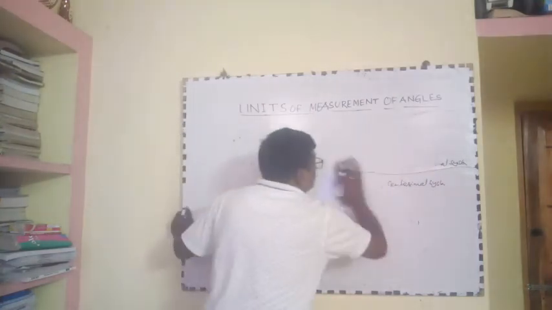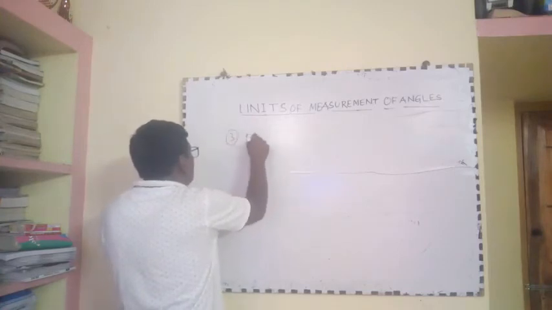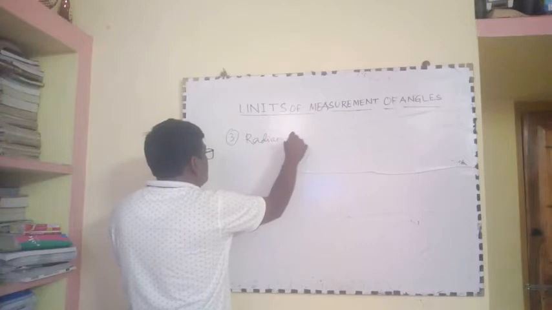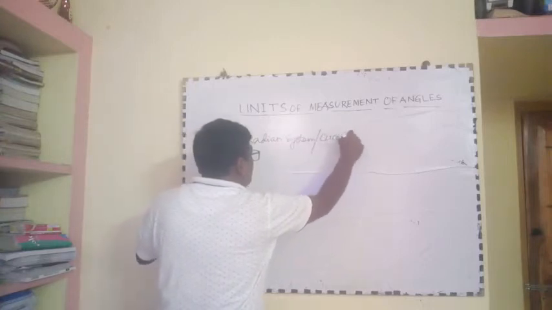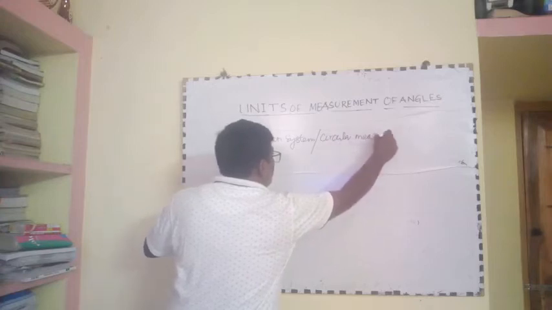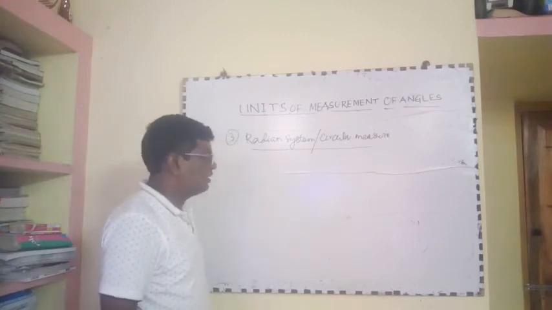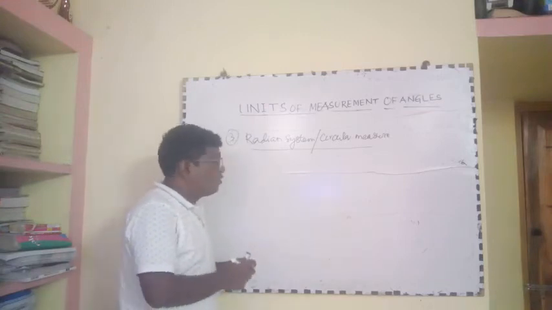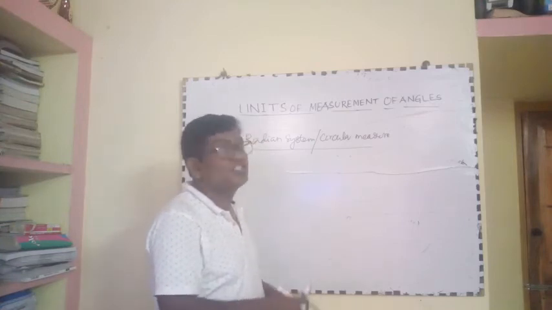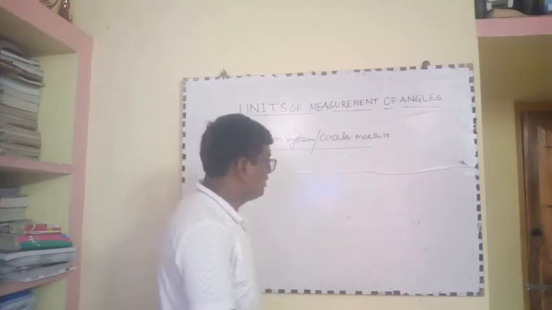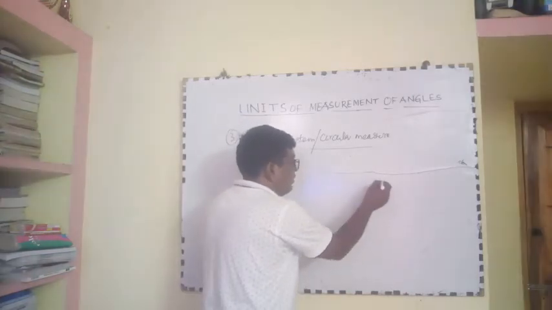Third, radian system or circular measure. This is a very, very important unit of measurement of angle. At first, we will define what is 1 radian. Look carefully.